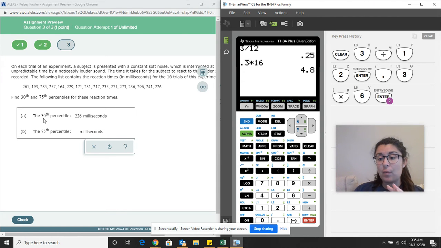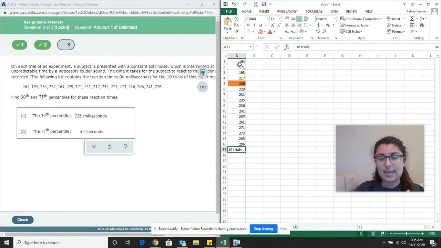So we need to figure out what 30% of the data would be, how many data points that would be. 30% of 16 is 4.8. So almost 5, we're going to round up. 5 data points would be the location or the physical spot in the lineup where this number would be located. So we can go back to the data and we can see here's 1, 2, 3, 4.